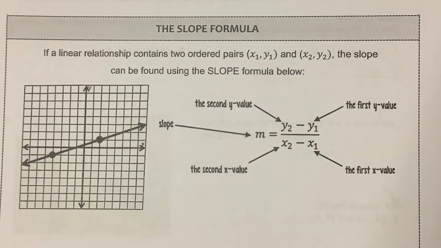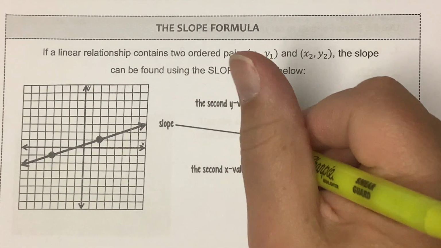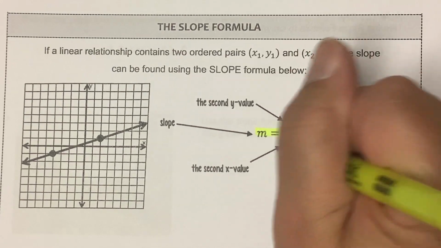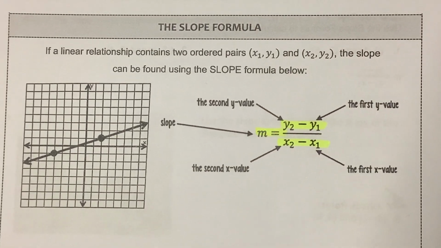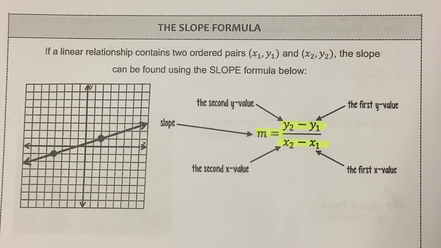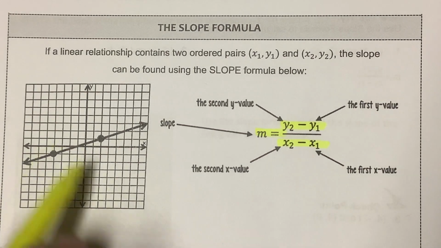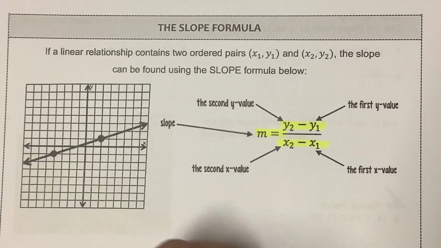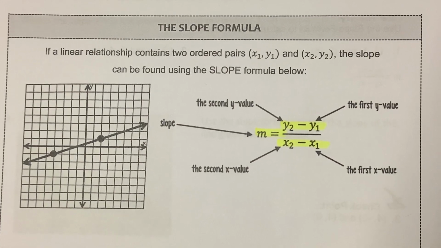This, I'm going to grab my highlighter, is the slope formula. m equals y2 minus y1 over x2 minus x1. The second y value minus the first y value over the second x value minus the first x value.